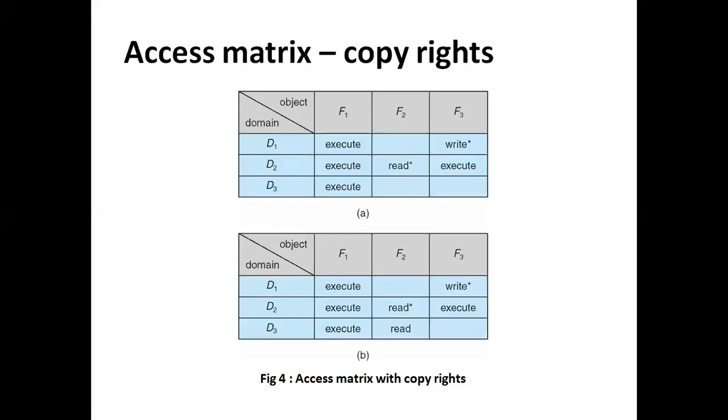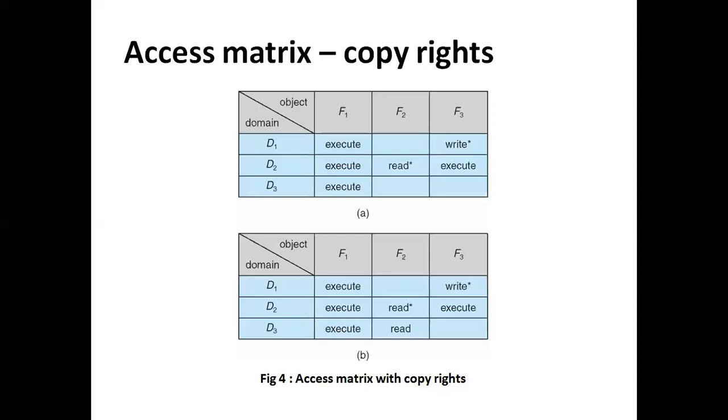Let's say there is a process running in D2. If it can read a file in domain D2, then it can also read the same file in D1 and in D3. No matter in what domain that process is executing, it should be able to read the file. It makes sense, right?